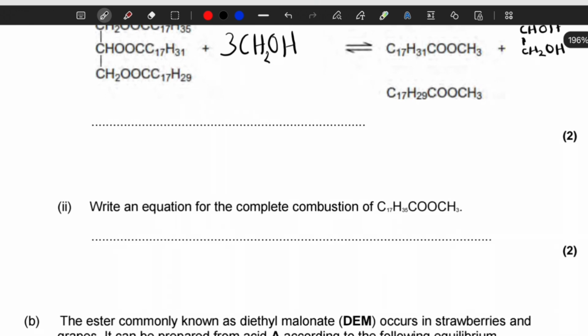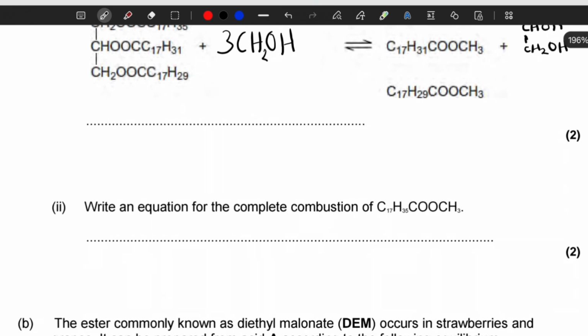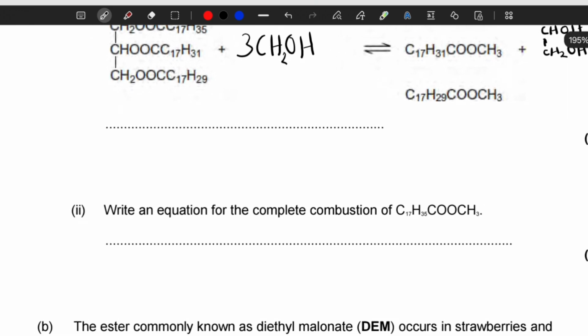Okay, write an equation for the complete combustion of C17H35COOCH3. Combustion is when you react with oxygen, which forms carbon dioxide and water. I think that's chemistry basics. So let's just write this here: C17H35COOCH3 plus oxygen.